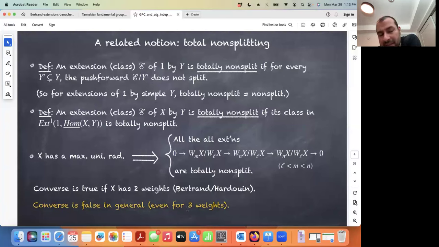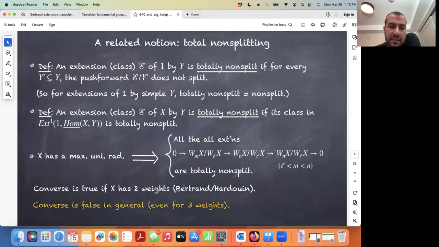But if you have only 2 weights, and by the way, when I say 2 weights, 3 weights, what I mean is the number of steps in the weight filtration, so how many components does my associated graded have? Now, if my X only has 2 weights, then this becomes an if and only if.